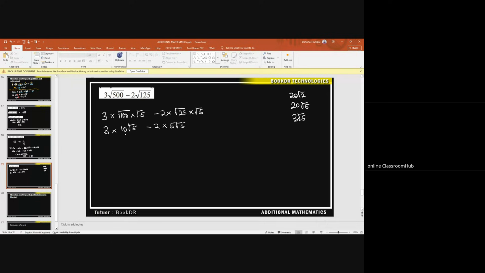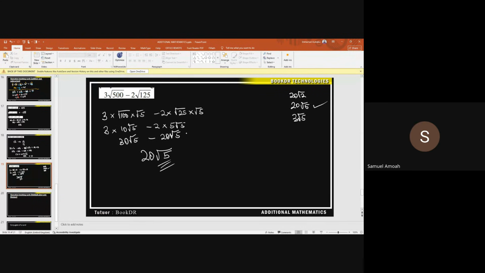When we perform this multiplication, the whole numbers will give us 30 root 5. And this will give us 10 root 5. So when we subtract these numbers, 30 minus 10 will give us 20 root 5. And that is the correct answer in this case. So those who said 20 root 5, they had it. Okay. Samuel Amwa, your hand is up.